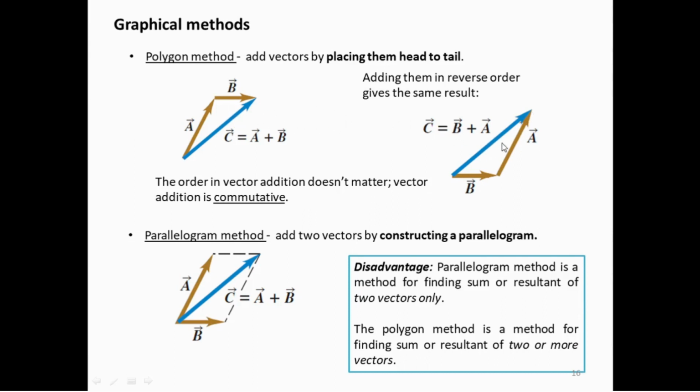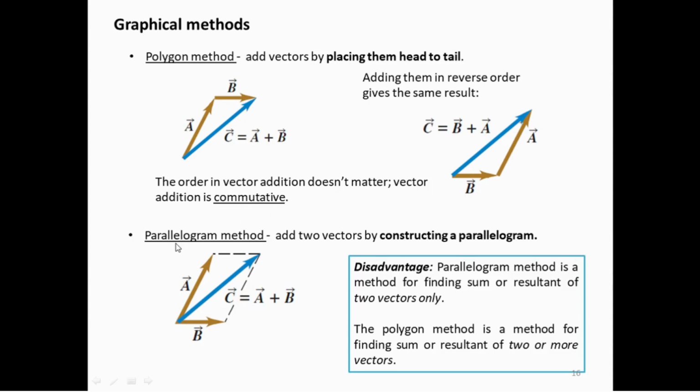So this is commutative addition. It doesn't matter which vector you draw first, you will still get exactly the same result. So again, the order in vector addition does not matter, or in other words, vector addition is commutative.